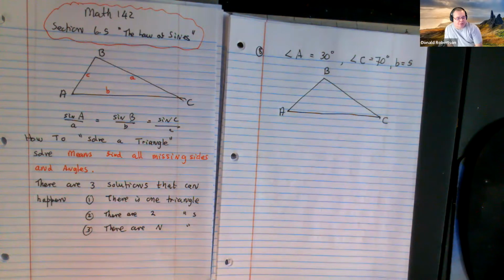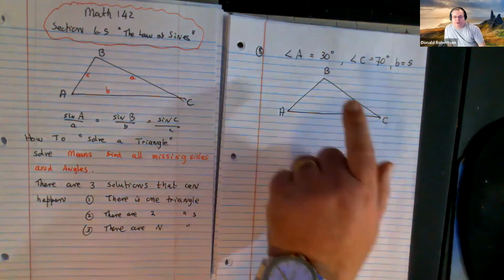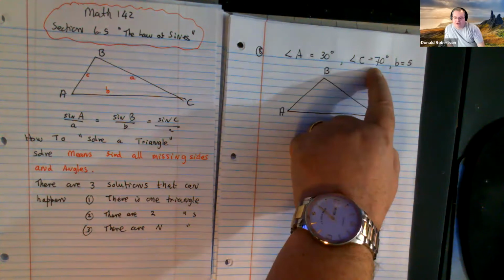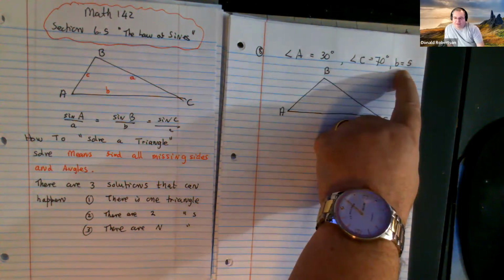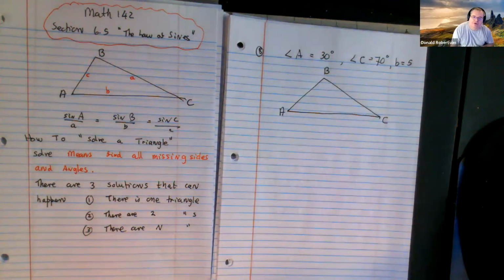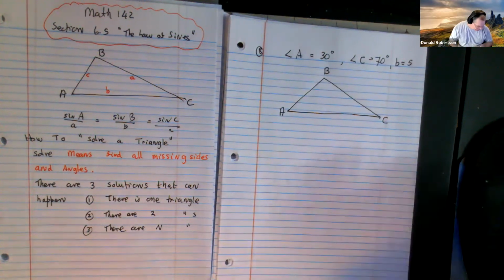What they're asking you to do there is just find every missing side and angle. So in this particular story, you're told angle A is 30, angle C is 70, and that side little b is 5. And from just that information and no other information, we are able to find everything else.